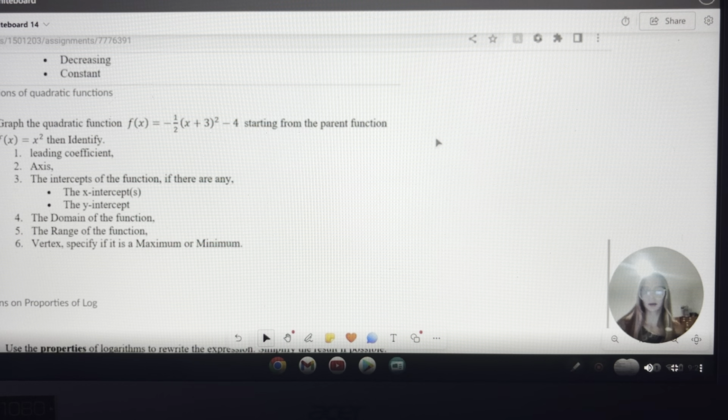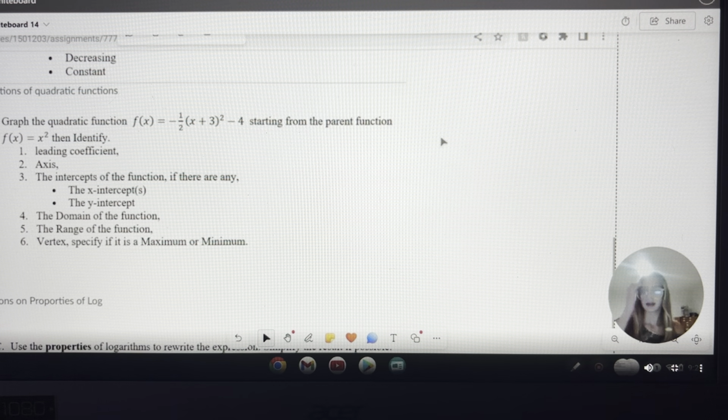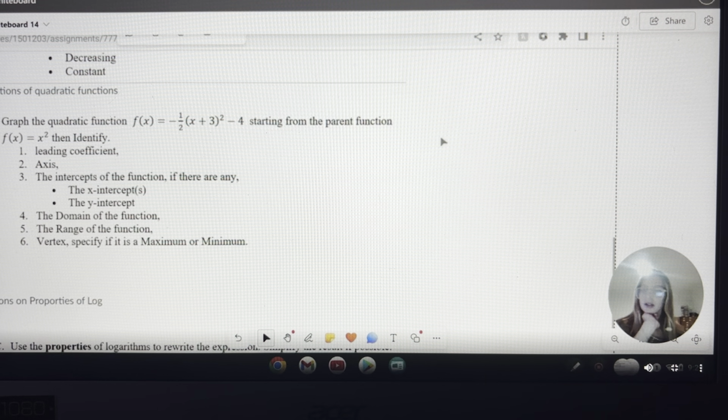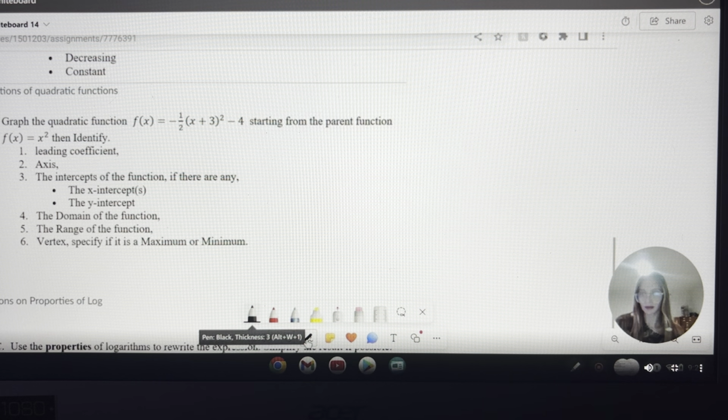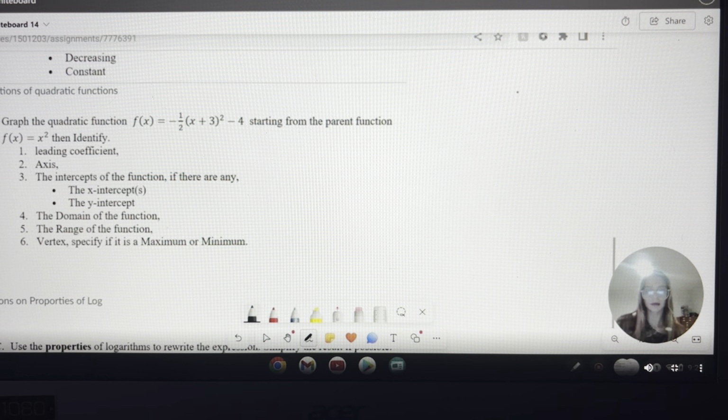So we're going to be working on this second equation, which says graph the quadratic function, starting from the parent function, and then identify the coefficient. I don't know how we're supposed to graph it. Like make a graph?